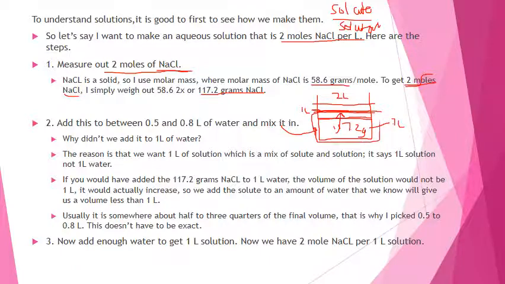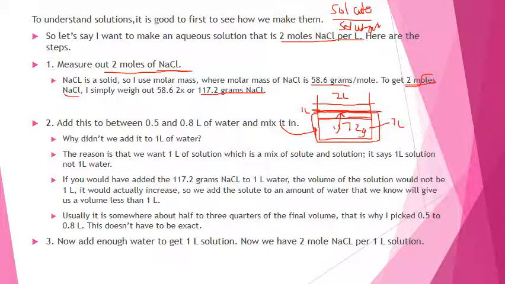Now, if we were in a lab, we would actually do this, and we'd show you how. This is a really good thing to know, especially if you go into chemistry or work in a lab, especially with biology or biochemistry, where you would be making many solutions. This is how you would do it.